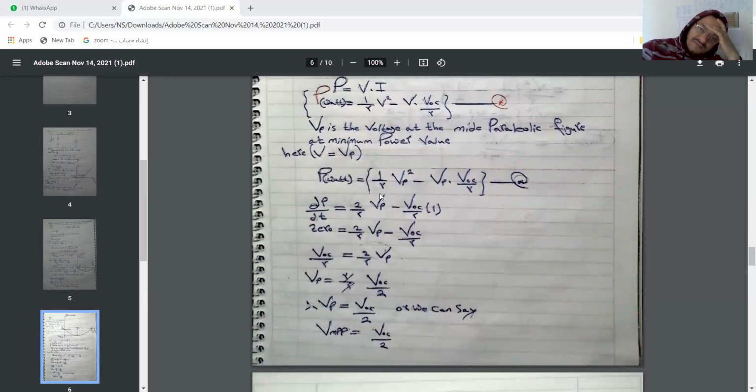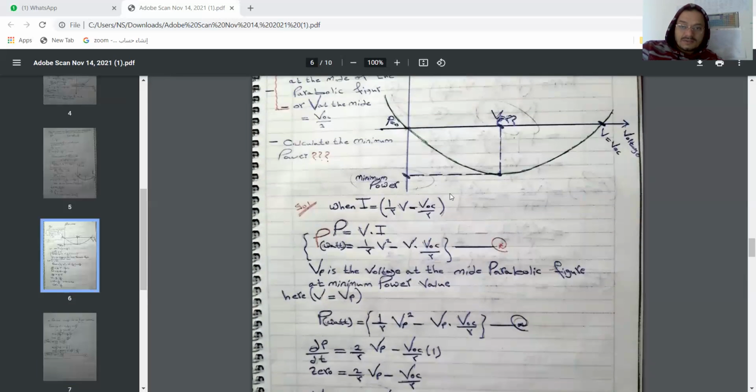Now let's take the derivative of power, set it to 0, and calculate the VP. VP here equals VOC divided by 2. VP, or we can say Vmpp, the maximum power point voltage.